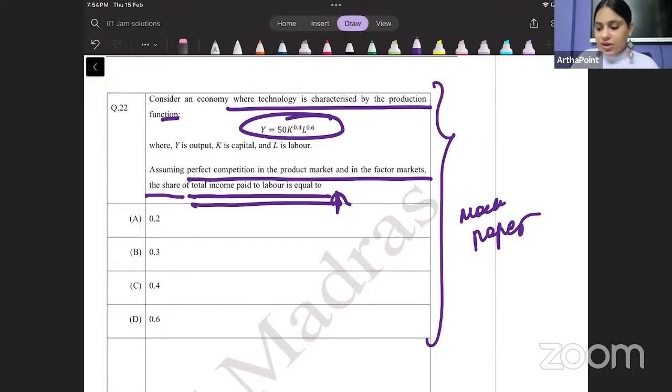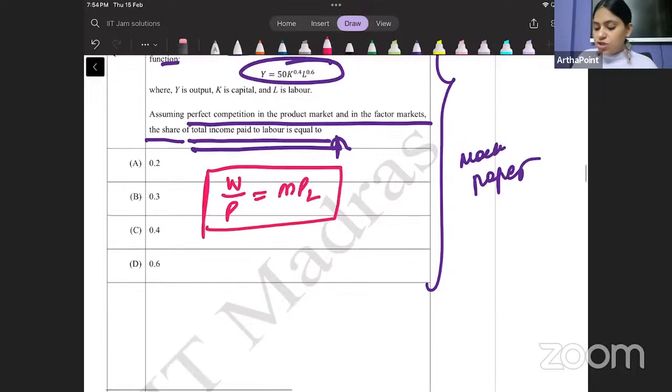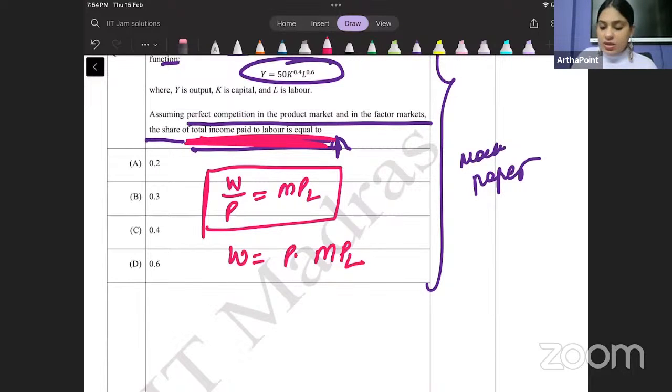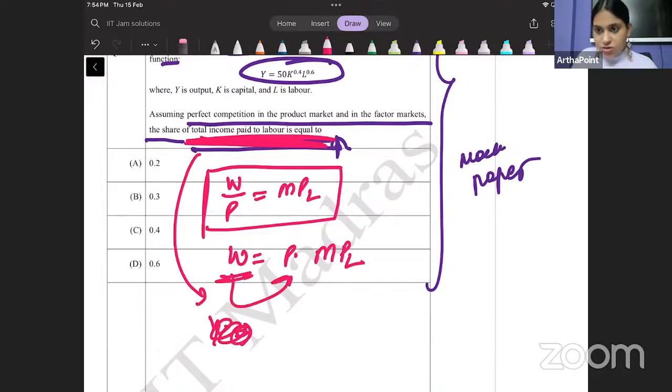So I will just give you a hint as of now. Just remember that W by P is equal to MPL. तो ये पूछ रहे share of income paid to labor, तो W will be P into MPL बेटा. ठीक है, तो यहां से your income paid to labor हो जाएगा, share of income paid to labor हो जाएगा the wage paid to the labor divided by the total value of the output, हाँ.